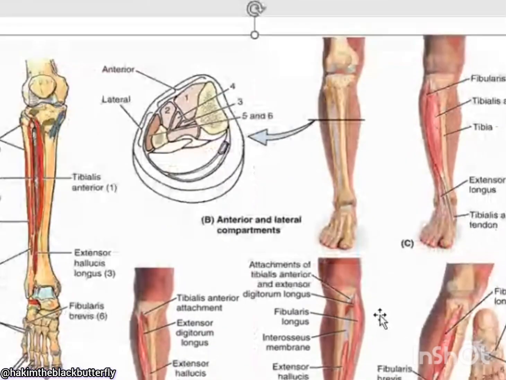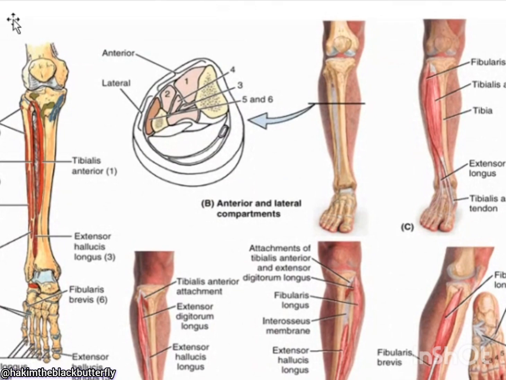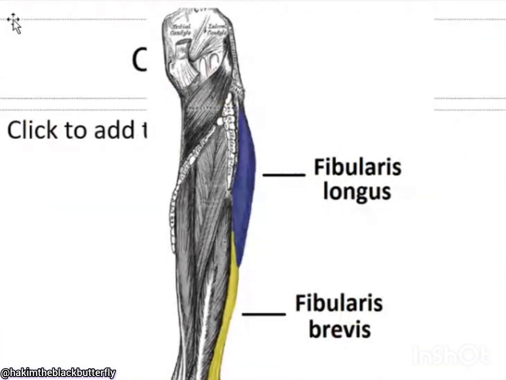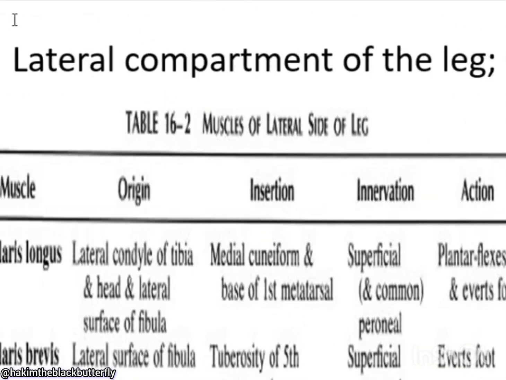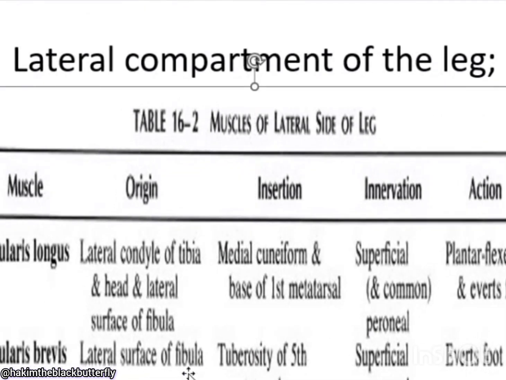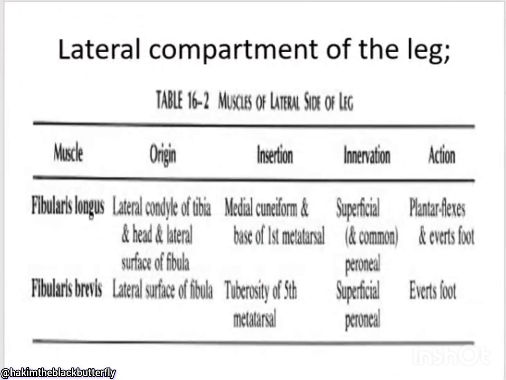So the illustrations are really giving us the best picture of that muscle. It can plantar flex, but it can also evert the foot. And fibularis brevis, lateral surface of the fibula, inserts at the tuberosity of the fifth metatarsal.